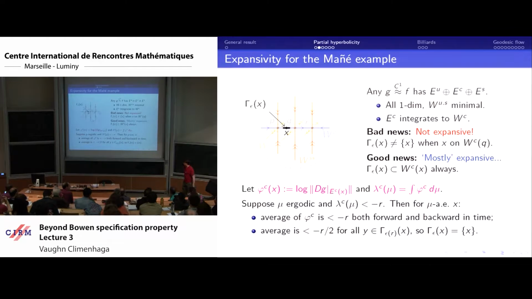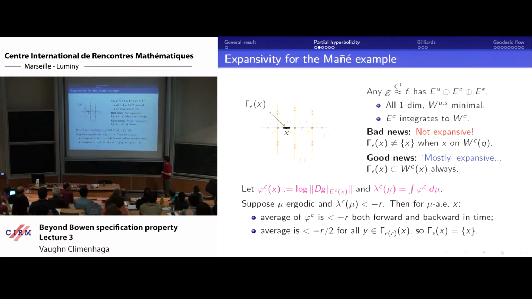And if you have an ergodic invariant measure for which this center Lyapunov exponent is less than -r, so it has some non-uniform contracting property, then for almost every point, the average of phi c is in both forward and backward time less than -r. That's simply Birkhoff. And this is continuous. It's compact, so it's uniformly continuous.